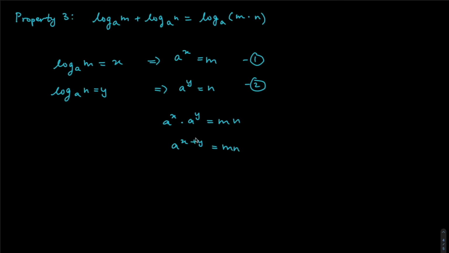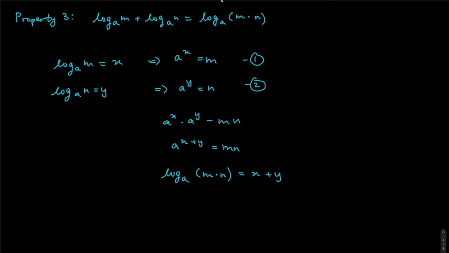Now if I use the log function, I'm going to have log base a of m times n is equal to x plus y. And remember what our x plus y was: the sum of these two logs, which I've written right here. This is x, this is y, and it's just log base a of m times n. It's a very simple property. It's a very handy property.